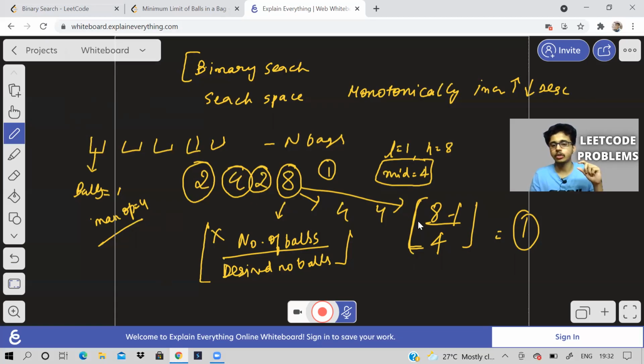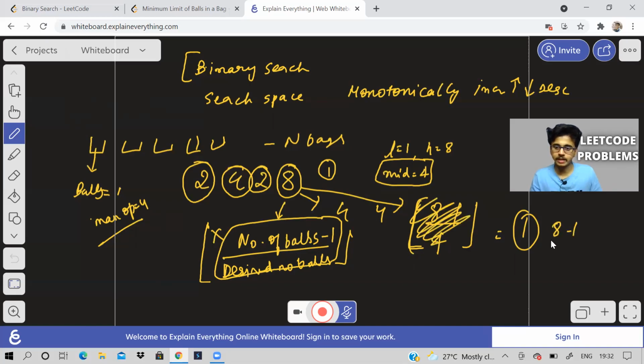And how will we get to know? By doing this: number of balls minus 1 divided by desired number of balls. So actually this is the formula. Forget whatever I said about floor value, that is not meaningful. Number of balls minus 1 divided by desired number of balls, like I showed in this example, correct? So it will be 8 minus 1 by 4, which is 1, which means what?